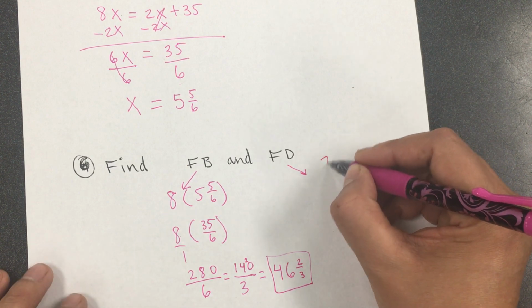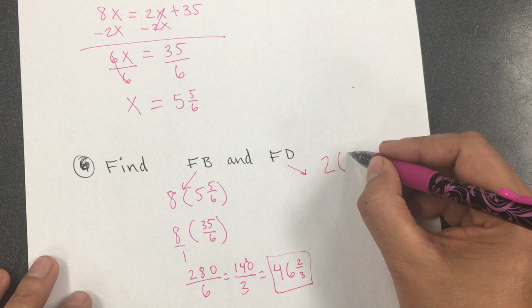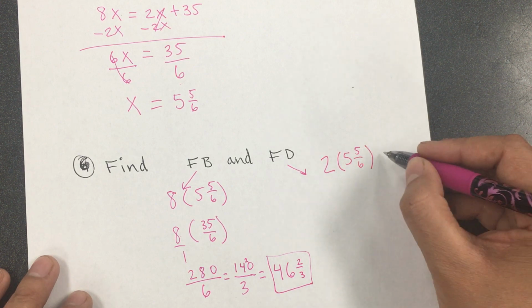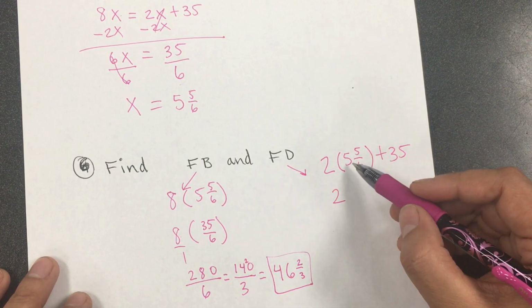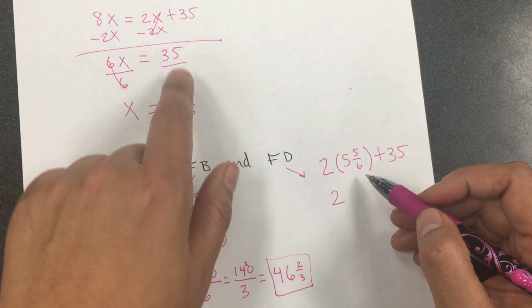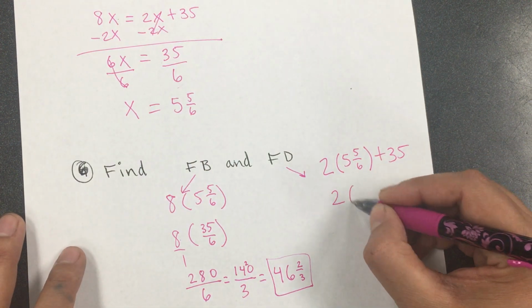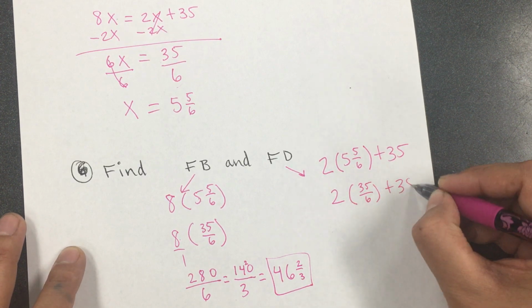So in FD we have 2 times x plus 35. We already know that x is 5 and 5/6. We already know that 5 and 5/6 is 35 over 6. So 2 times 35 over 6 plus 35.